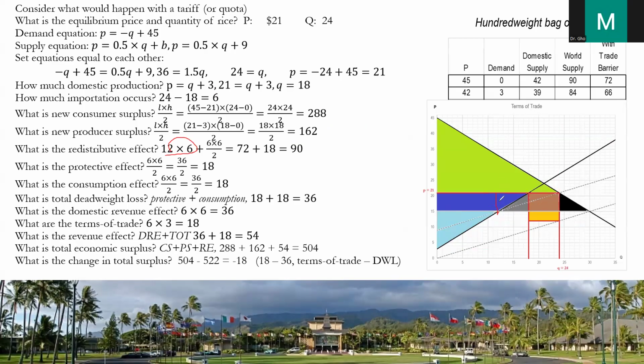Or we can do, see, it's up 6 and over 6, multiply those two together. We only want this part right here, so we divide it by 2. So 72 plus 18, just the dark blue area, which is this rectangle right here and this triangle right here, is going to be 90.